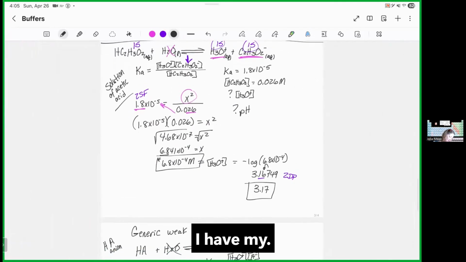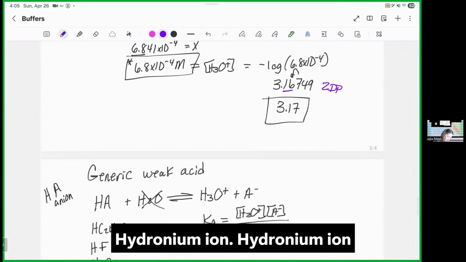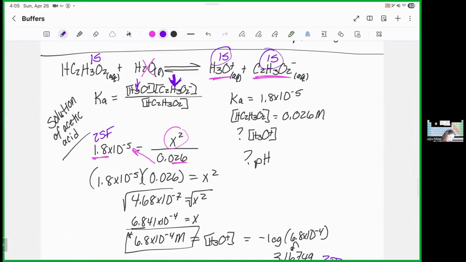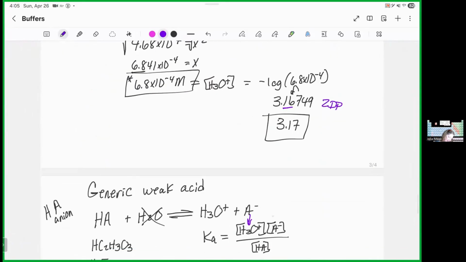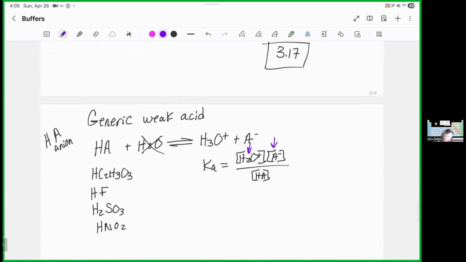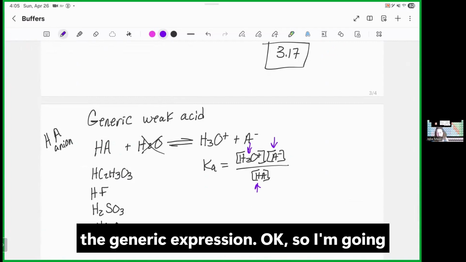I have my hydronium ion, my anion, and my acid. So we use that generic expression a lot.